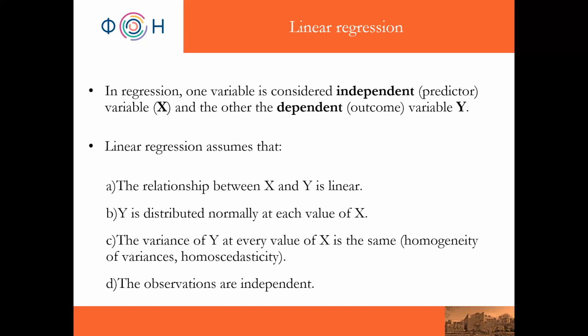So a little bit about the theory. In regression, we always have one variable which is considered independent, a predictor, and the other one which is our dependent one, or the outcome. So we always have one dependent variable, one variable of interest which we want to model. When it comes to independent variables, we can have one or many.